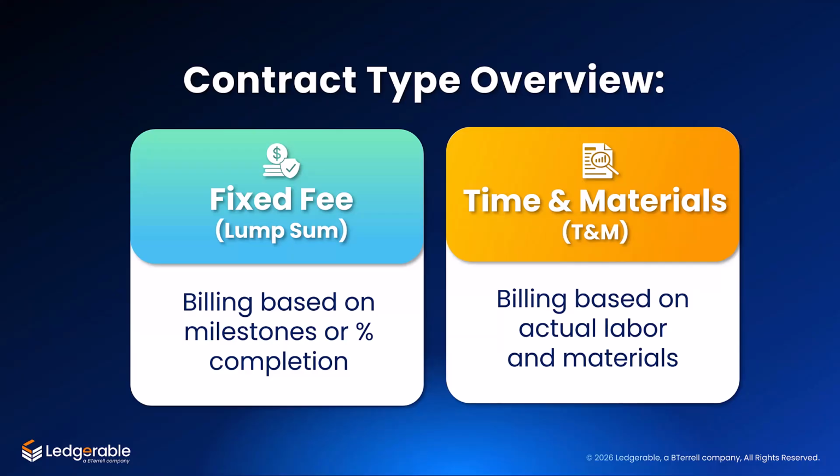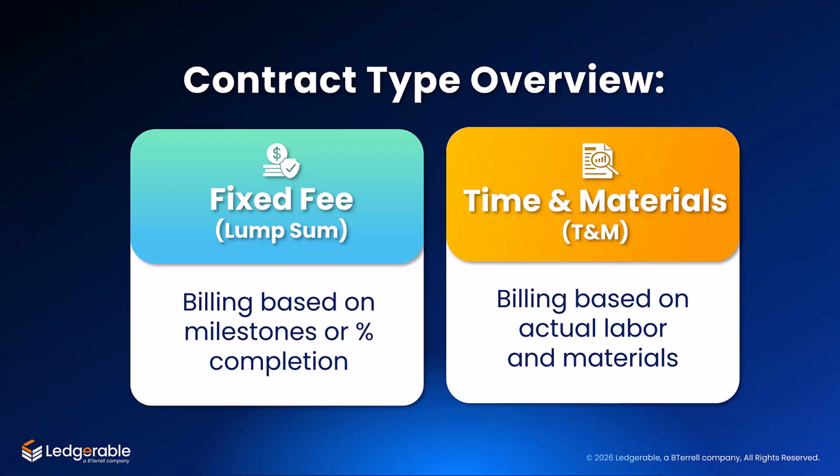Hey, Lavender, I'm curious. How do I know when to use fixed fee versus time and materials? That's a great question. It really comes down to how the project is structured. With fixed fee, the total contract value is defined upfront, and billing is based on milestones or project progress.